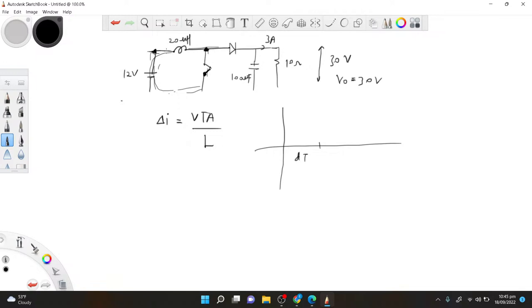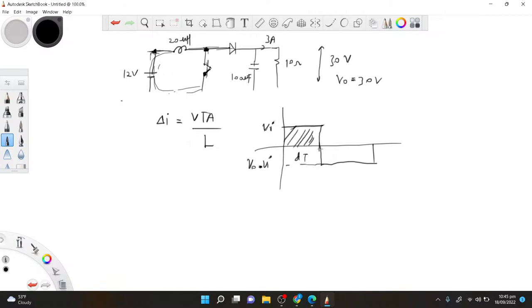So the voltage across this one is equal to V in. And then when this is opened, the voltage here becomes V out minus V in.